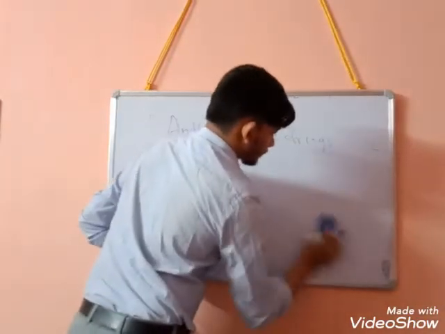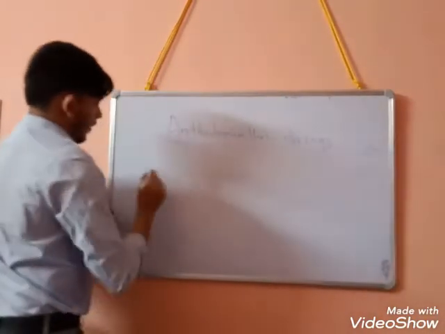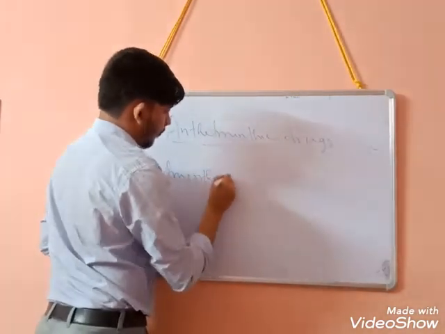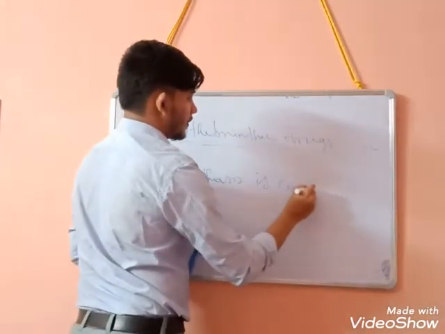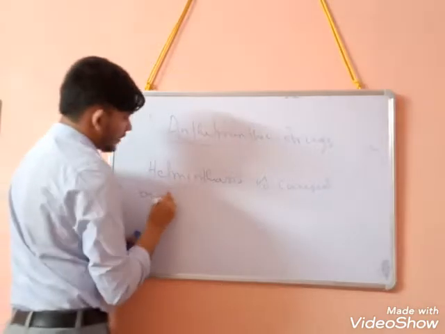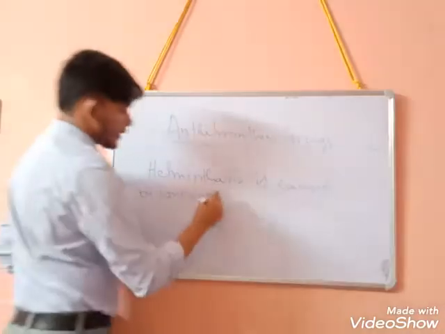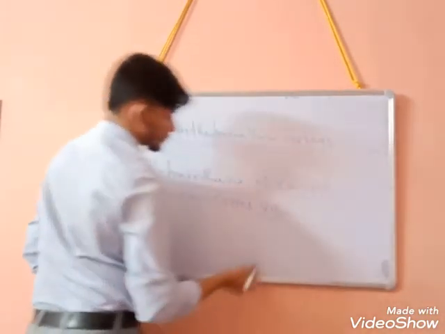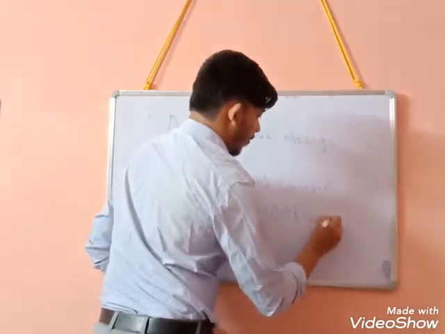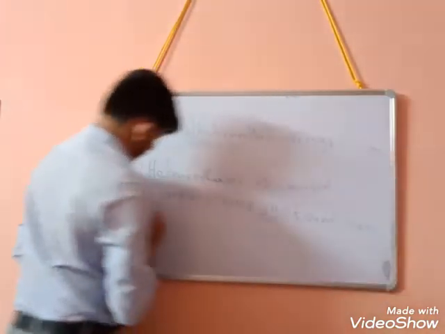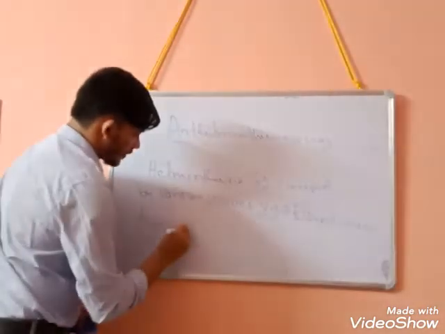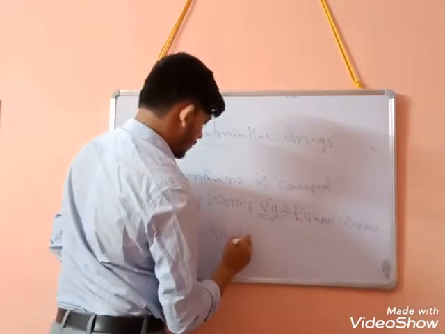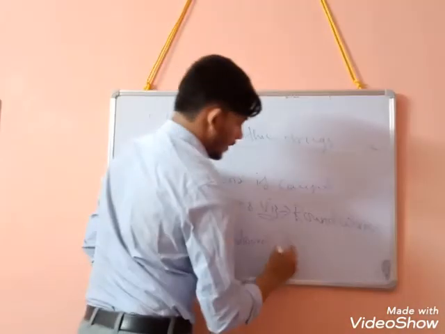Next, helminthiasis is caused by various worms, namely roundworms, tapeworms, then threadworms, then filarial worms.